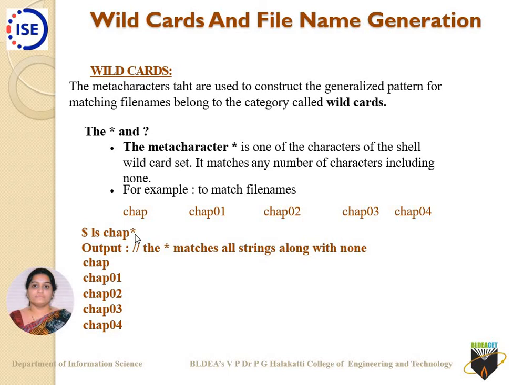What do you mean by an asterisk? It matches after my first four characters. I just say that my first four characters should be chap, and after that any number of characters can be there, or even none. Even if nothing is there, even zero characters, it is matched, so chap is matched too. 01, 02, 03, 04 are shown, so it matches all the strings and all the files are listed here.